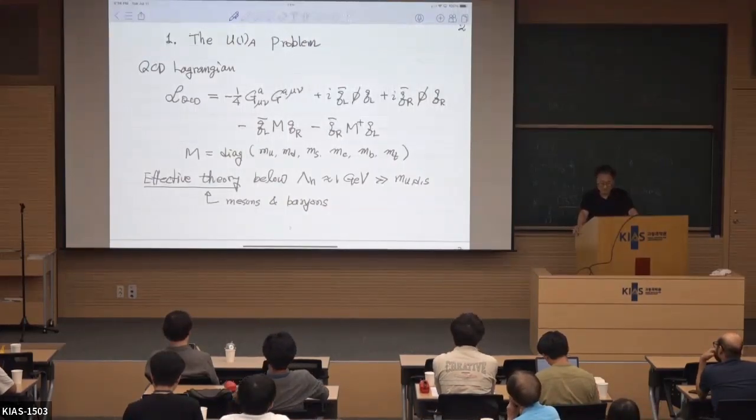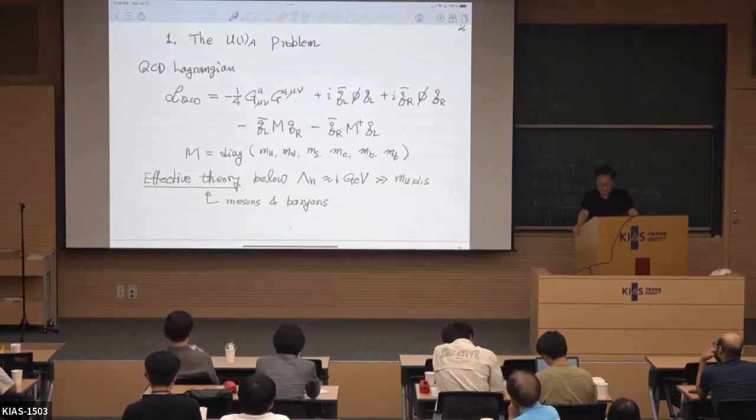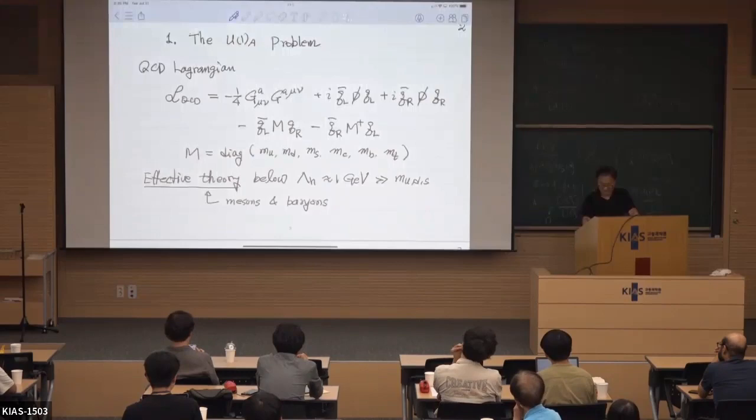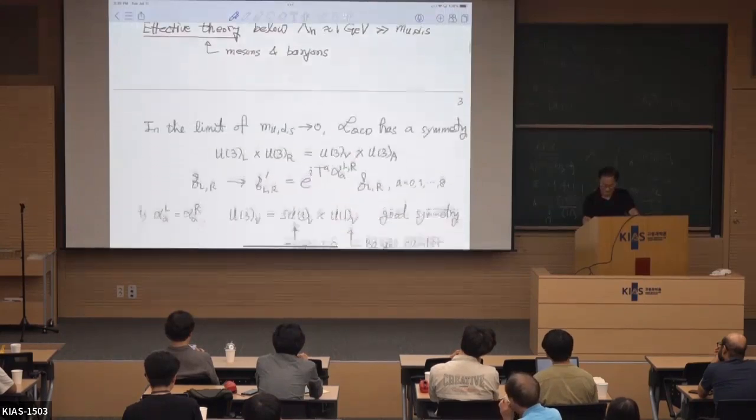And in this limit, there appear pseudo-Nambu-Goldstone boson-like mesons. We know chiral perturbation theory describes the dynamics of these hadrons in terms of an effective Lagrangian. I'll slightly touch upon some of these equations.